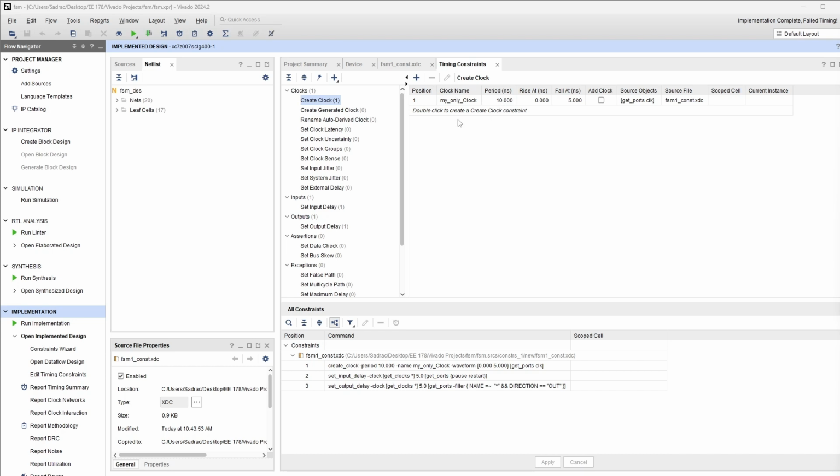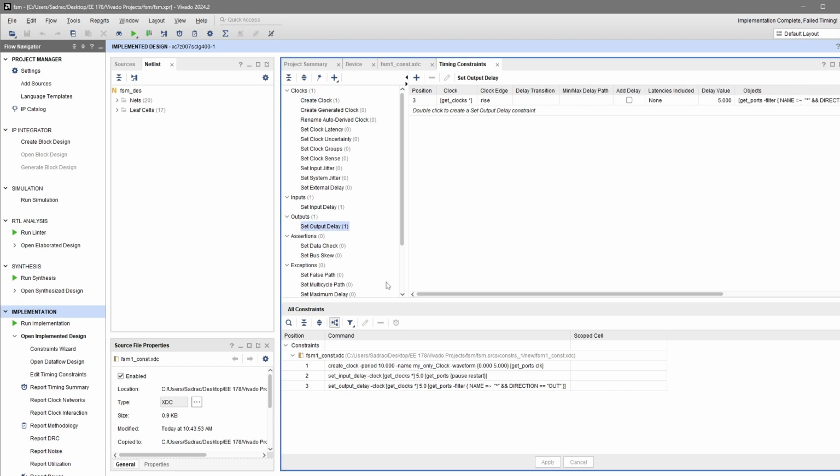All right, for my constraint file, I introduced an input and an output delay, and these both have a clock edge that is rising. I'm just throwing out a wild guess right now.